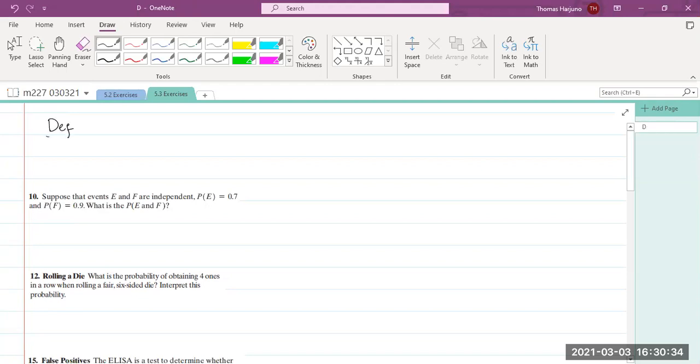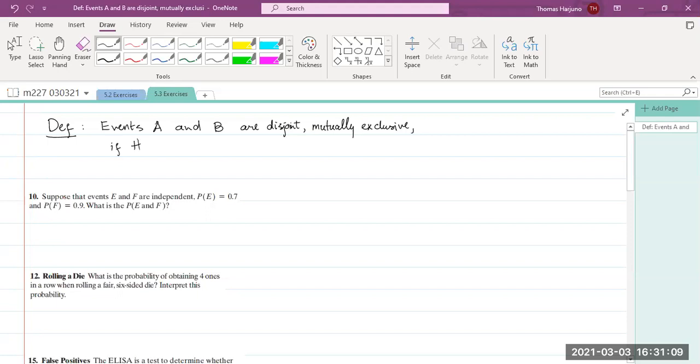Definition: events A and B are disjoint, or also known as mutually exclusive, if these events can't happen at the same time, can't occur simultaneously.